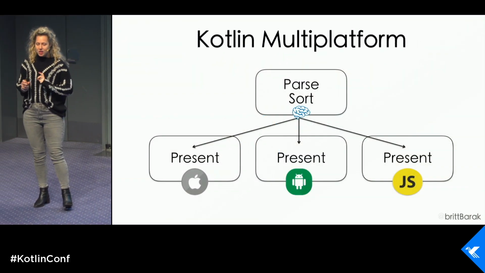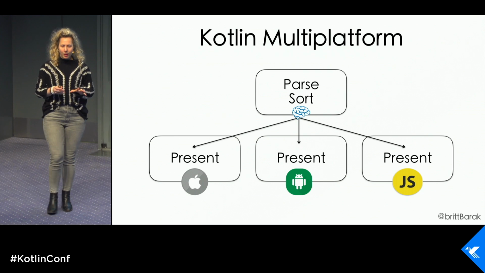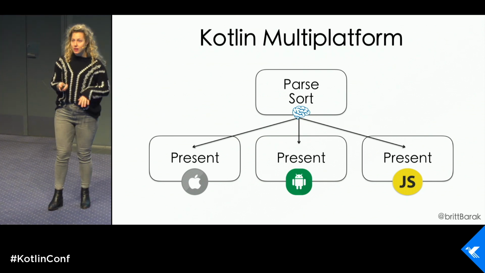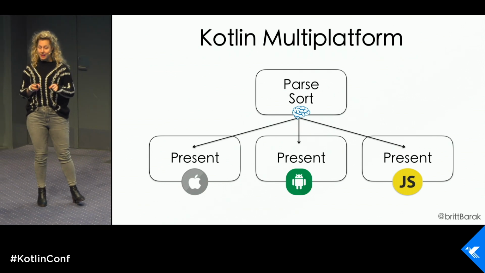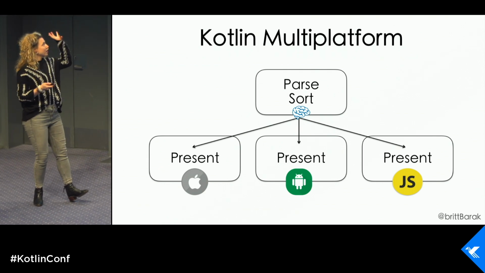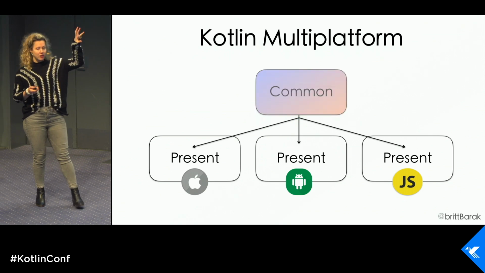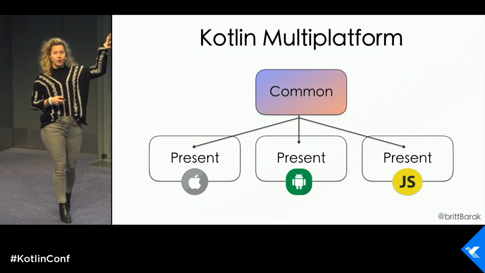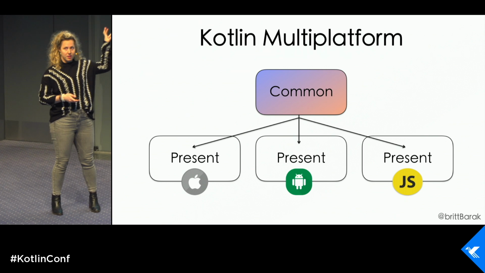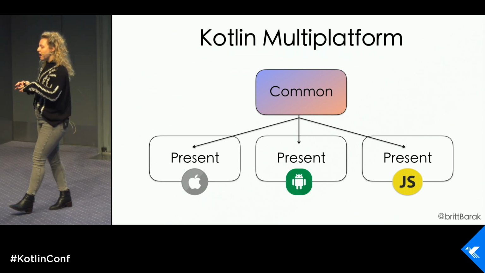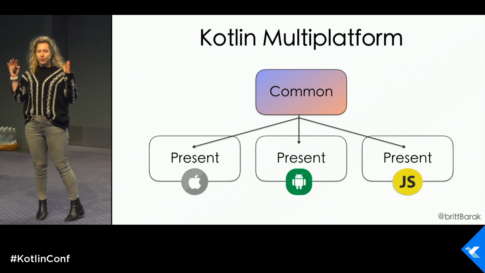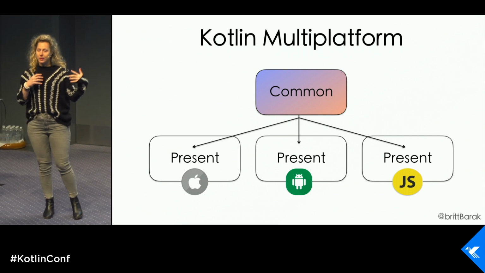Okay, so a little bit more about how this works. The way that Kotlin Multiplatform allows us to build our applications is to take the common logic that we want to share between the different applications, the different platforms, and to say, okay, this is a common set of source code. We'll see it in a second.